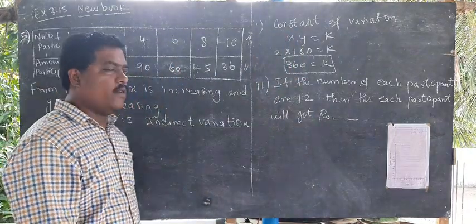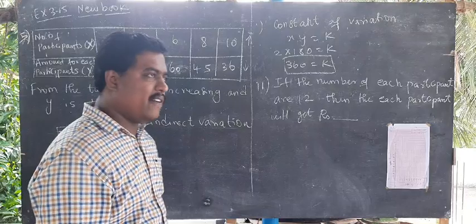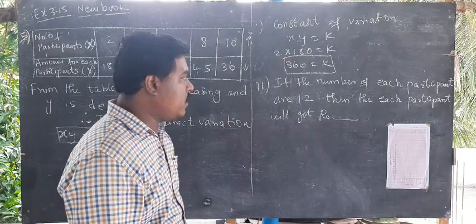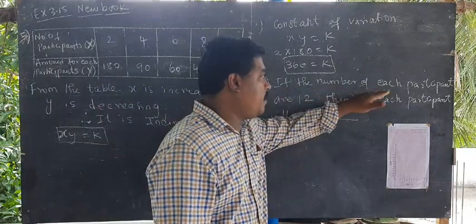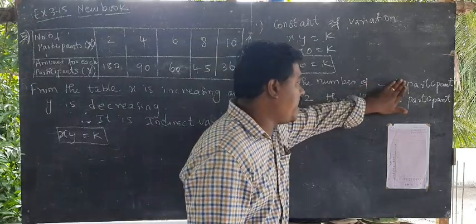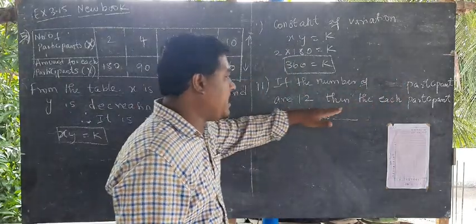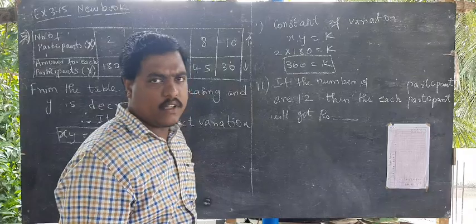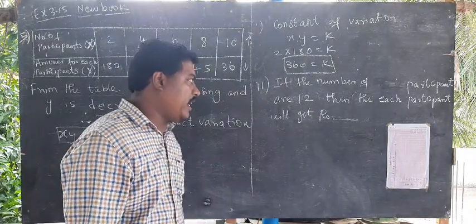Then the second one, they are asking us to represent it by a graph, and also if the number of participants is 12, then what will each participant get? 2 participants means they are getting 180.